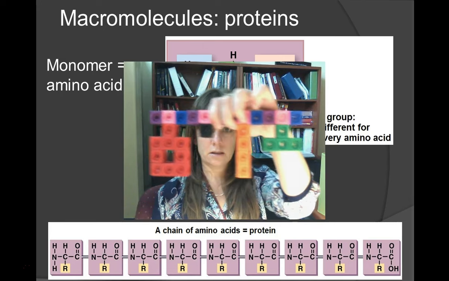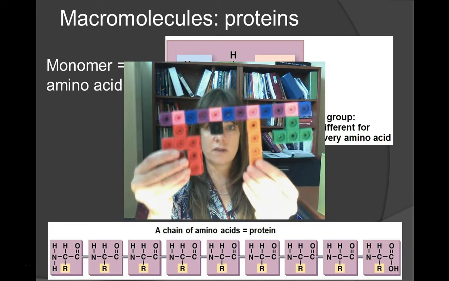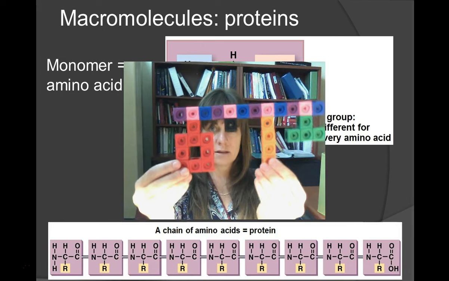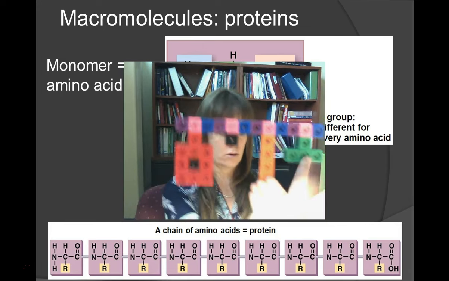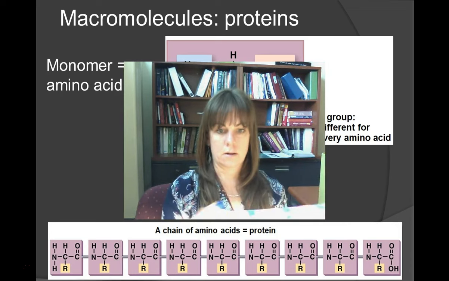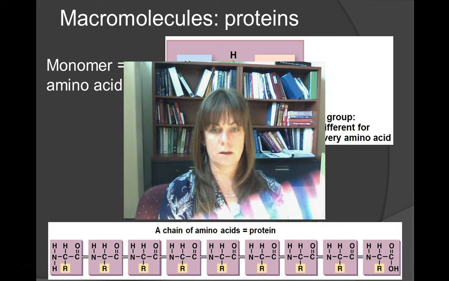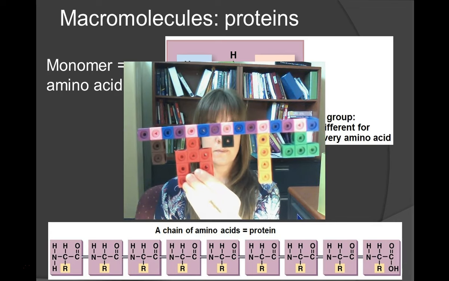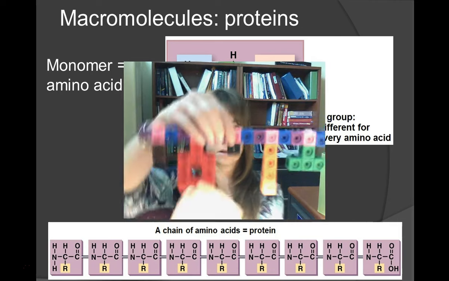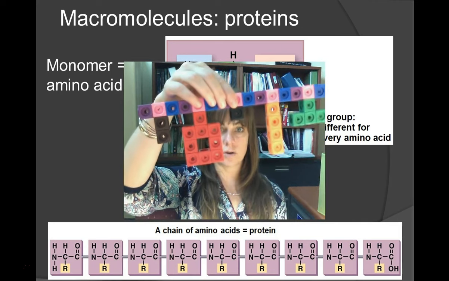And you may notice, here it is, it's even bigger. So right now we've got 4 amino acids hooked up together, each with its own R group. Okay? And here we go. Here's another one. Okay? So here's a long protein, each with its own R group.